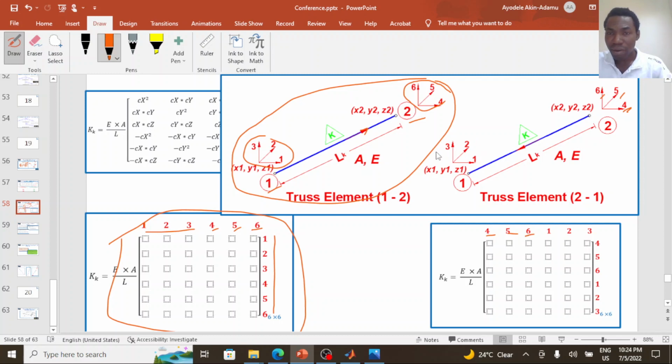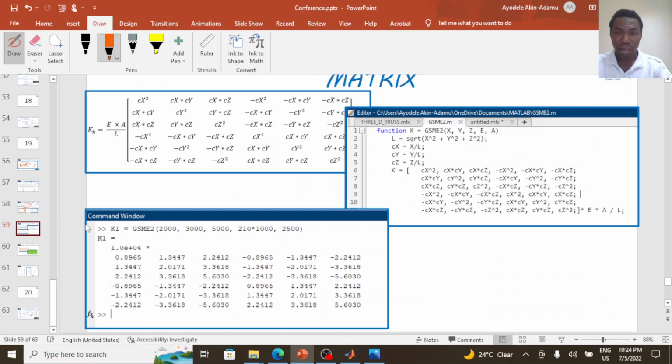Then I will number the degrees of freedom at the end node, which is node 1: 1, 2, 3. You do the same thing for the columns: 4, 5, 6, 1, 2, 3. So this is very, very important in the finite element procedure. Once we understand this, I'll move to the next slide.